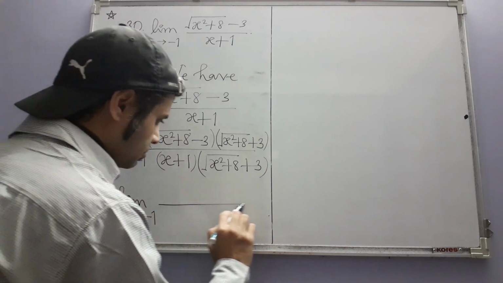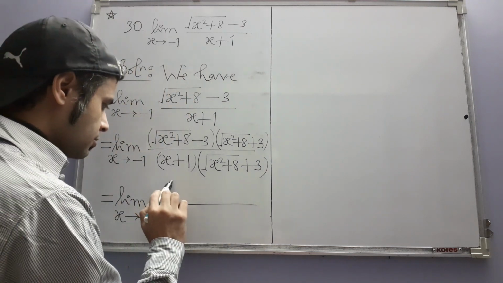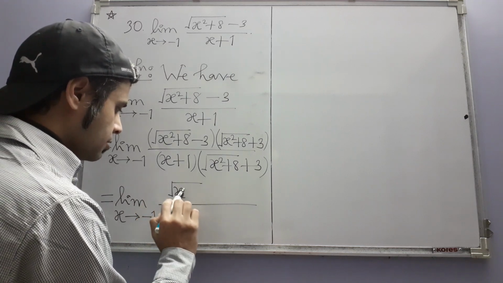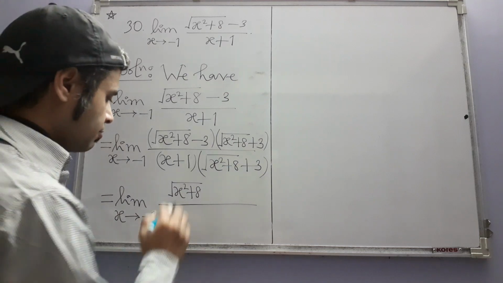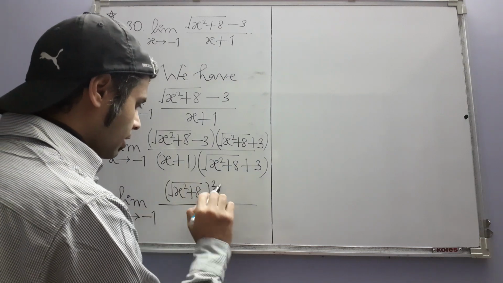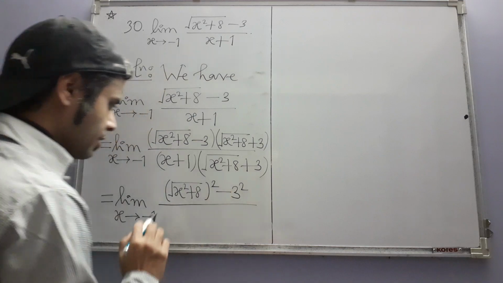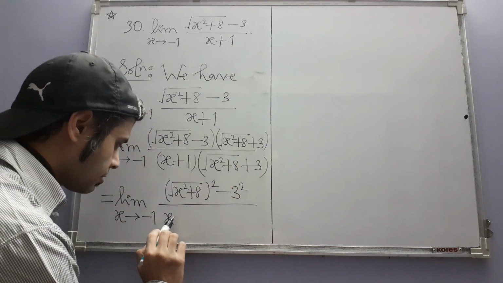Now in the numerator we of course can use our a squared minus b squared formula, and that will give us this, and the denominator stays as such.